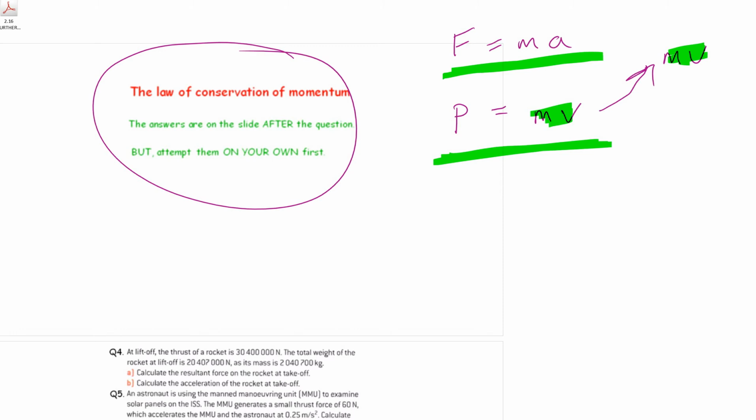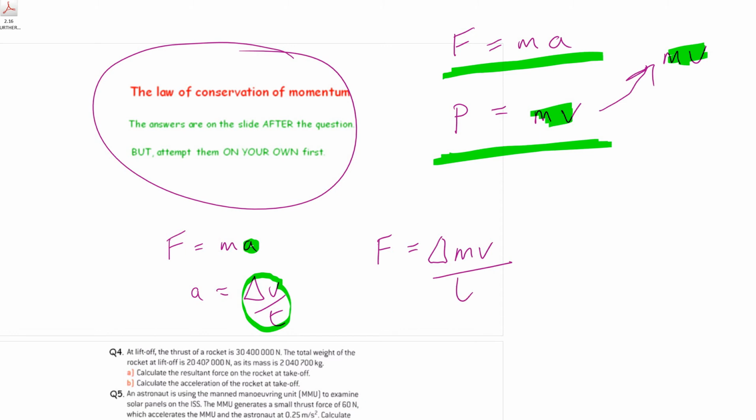So, if F equals ma, and we know that acceleration is the change in velocity divided by the time, then what I'm going to do is substitute this a for this here, right? So F equals m change in v divided by t.